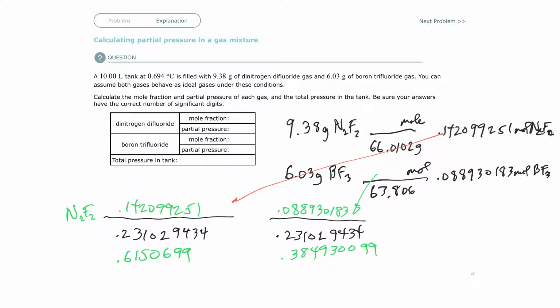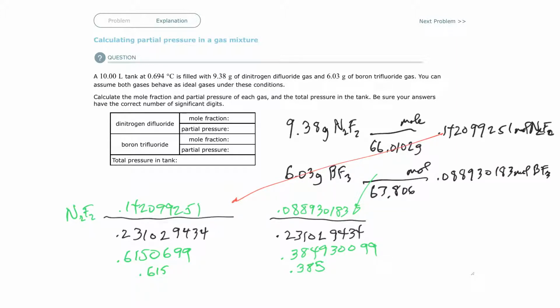So I look first of all at the number of significant digits. I've got 4, I've got 3, I've got 3, I've got 3. So I need to do it to 3. So I've got 0.615 and 0.385.